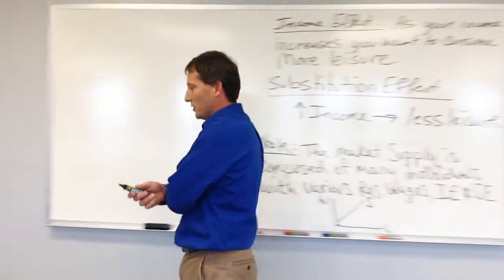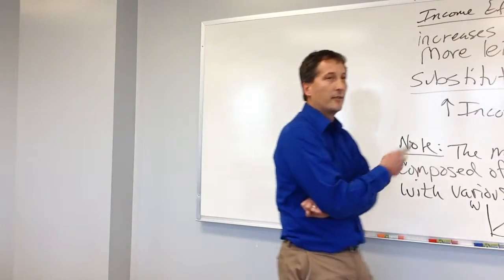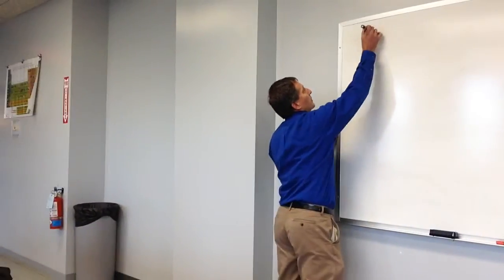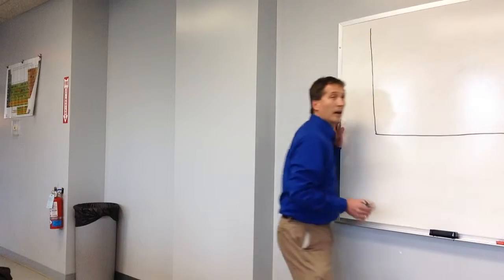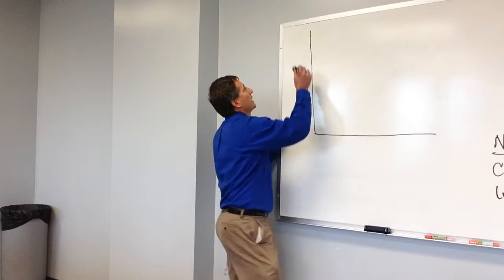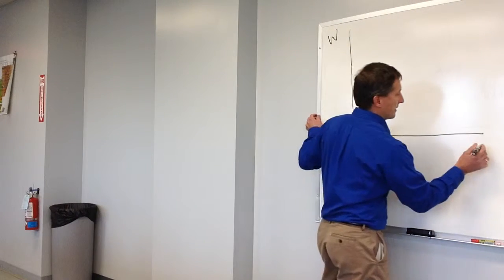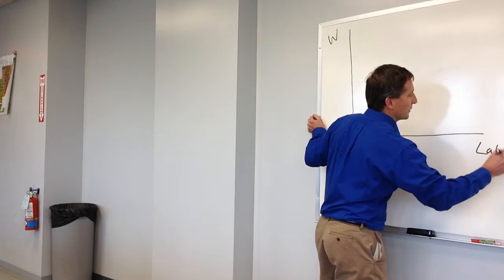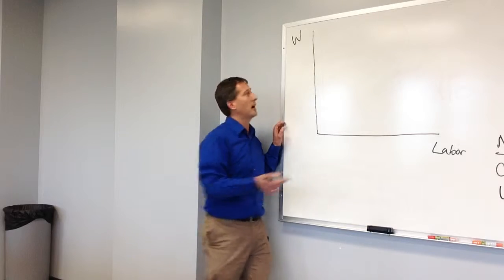So I want to use the tools that we've had in class to think about the implications of minimum wage. Now, we've already done this a couple times when we looked at price floors. What did a price floor or minimum wage lead to? A surplus. And if it's the labor market, what's another name for surplus labor? Unemployed.